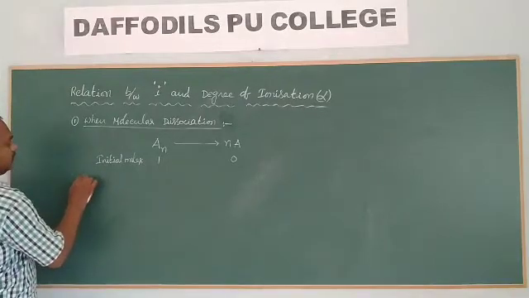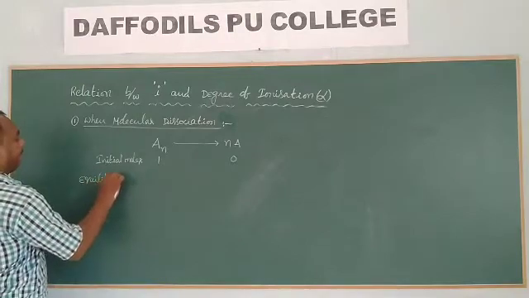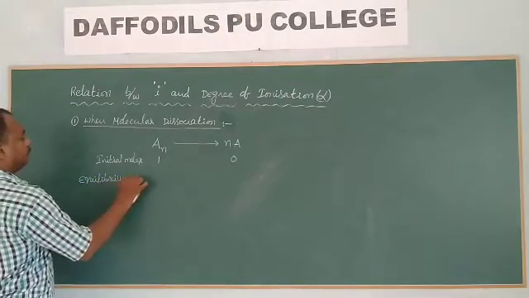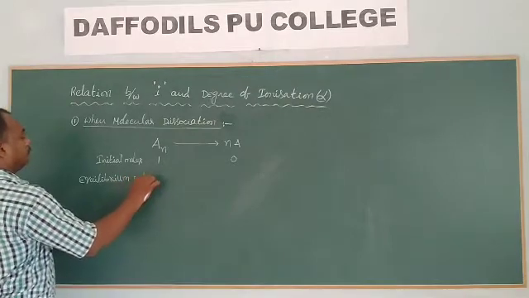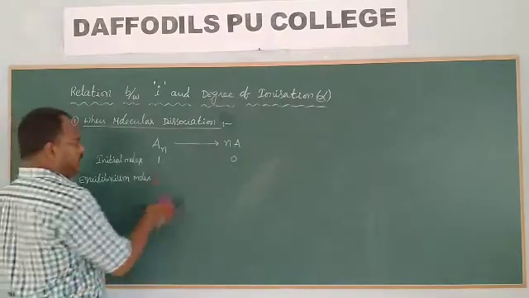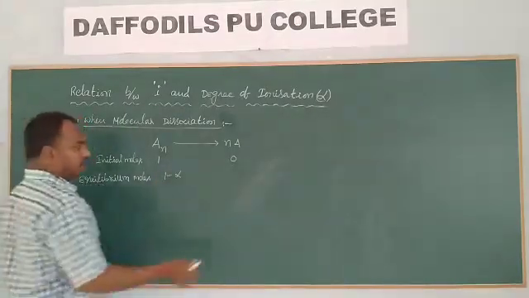Equilibrium moles. At equilibrium, alpha moles undergo dissociation. The remaining moles are 1 minus alpha.